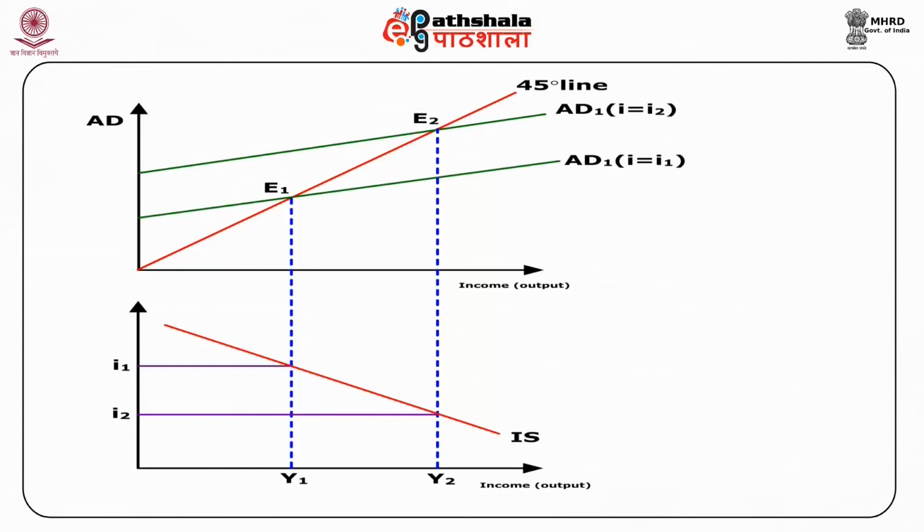As a result of the fall in interest rates, aggregate demand AD increases and the AD curve shifts upwards from AD1 to AD2. Consequently, the income level increases from Y1 to Y2. Joining together all such equilibrium combinations I1, Y1 and I2, Y2 gives a downward sloping IS curve.